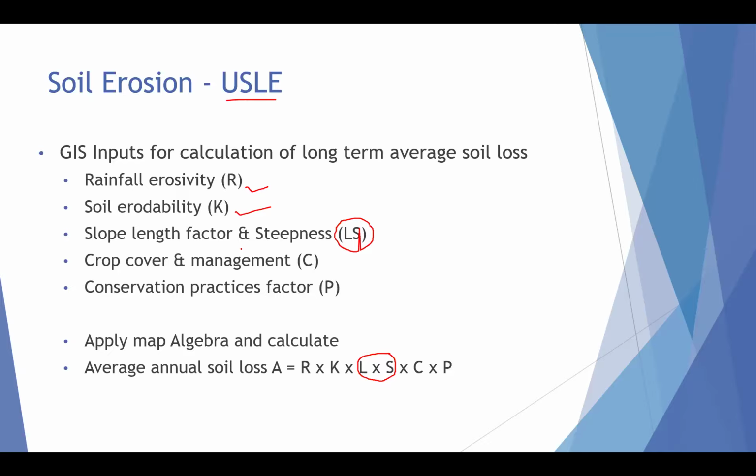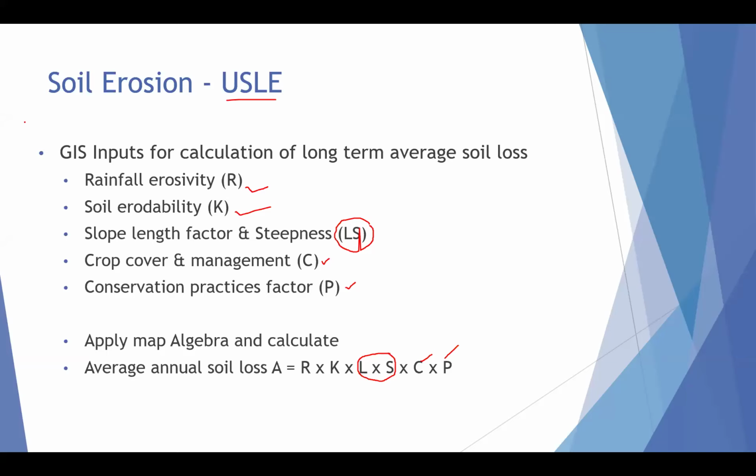So therefore, for C and P, when the values are 1, it means there is no management, no cover, and no conservation practice. When the values are less than 1, then there is some crop cover and management or conservation practice. So the maximum value is 1 for C and P, right?